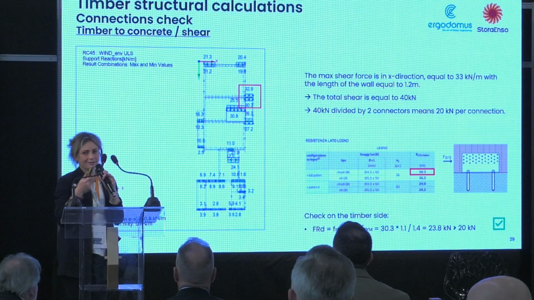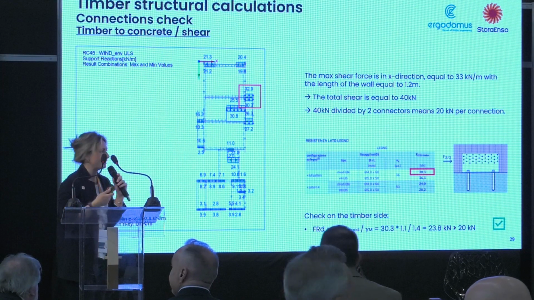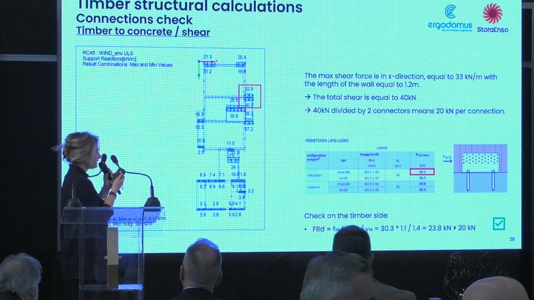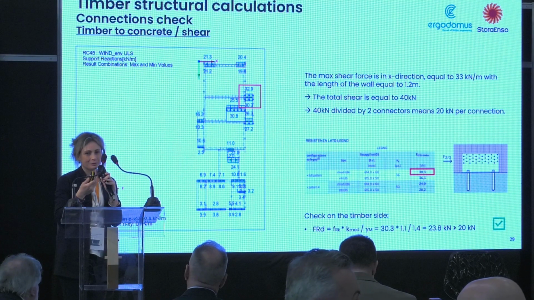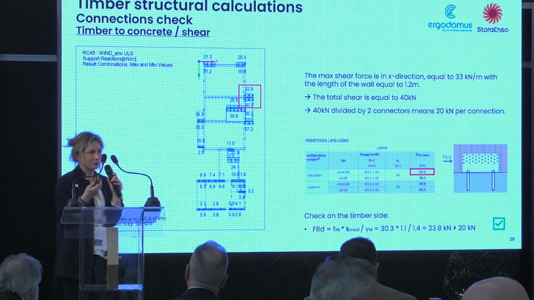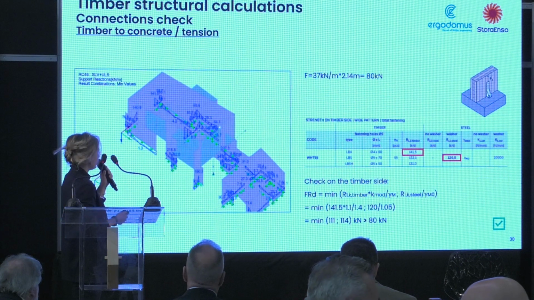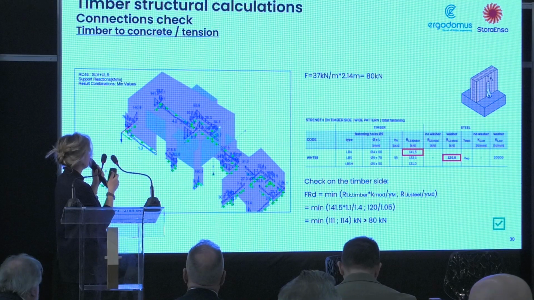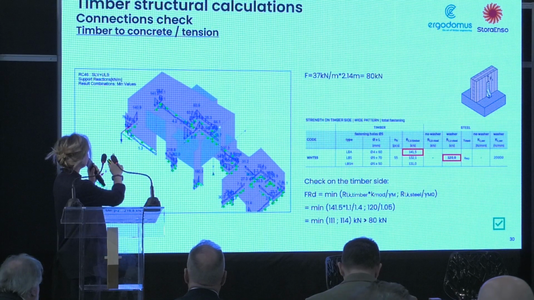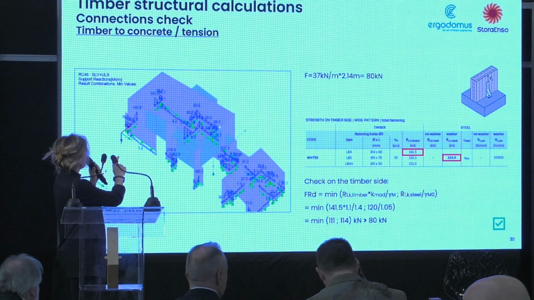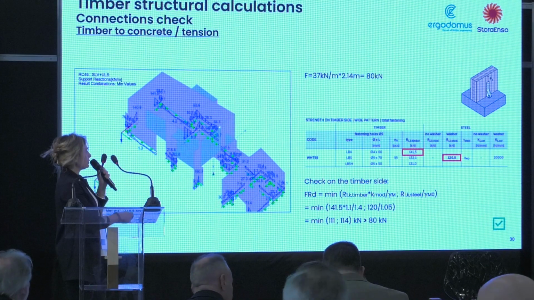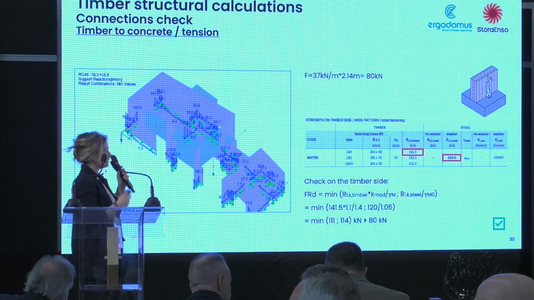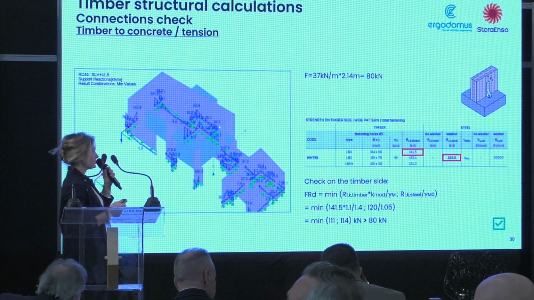This is really an easy way to explain, but it's just to show you that it's really easy to do, and you can try. I will not show you all the other calculations. I just want to say that between the timber and the concrete, we don't have only to consider the shear, but also the tension.